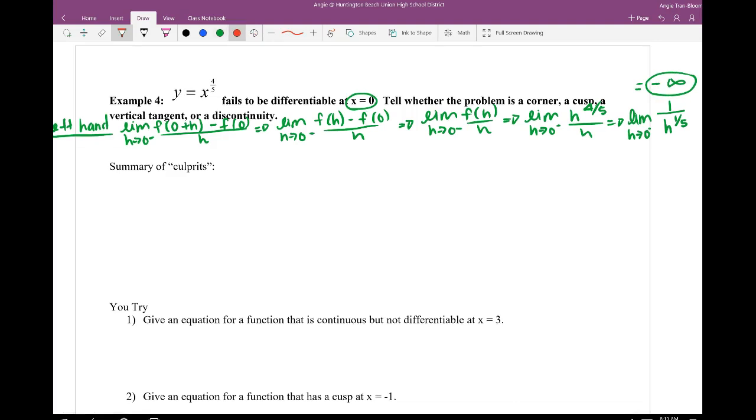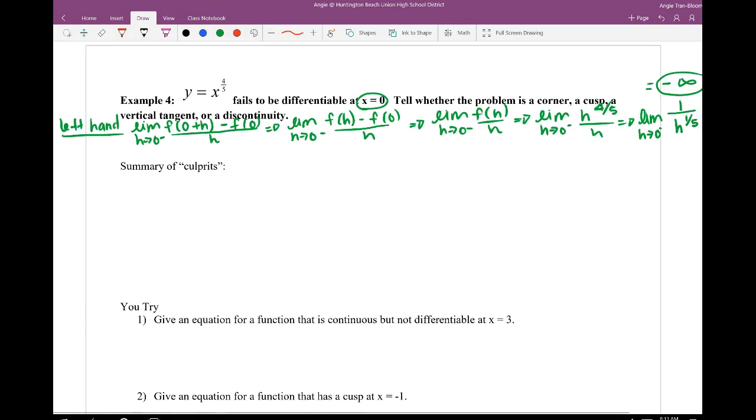So let's try the right-hand limit to see what that takes us. Right-hand limit. Now for the right-hand limit, the formula is the limit as h approaches 0 coming from the right of the same thing. Again, we are told to find at 0, so f of 0 plus h minus f of 0 all over h.